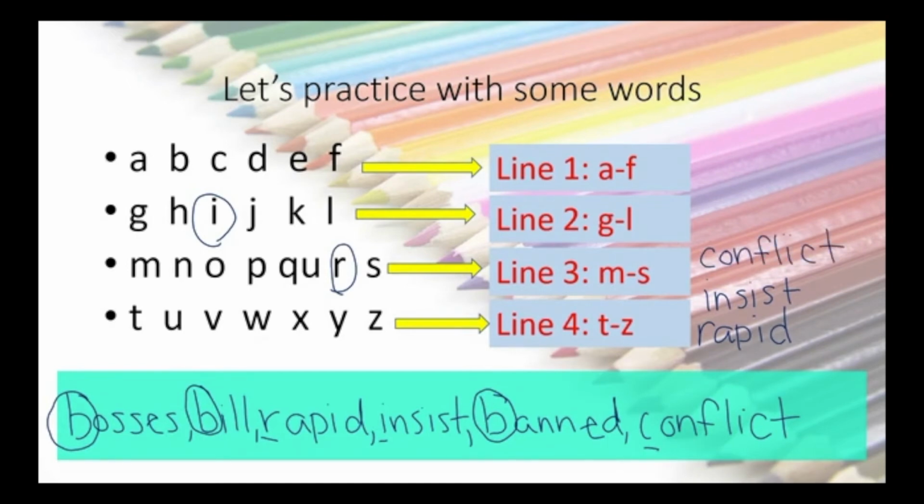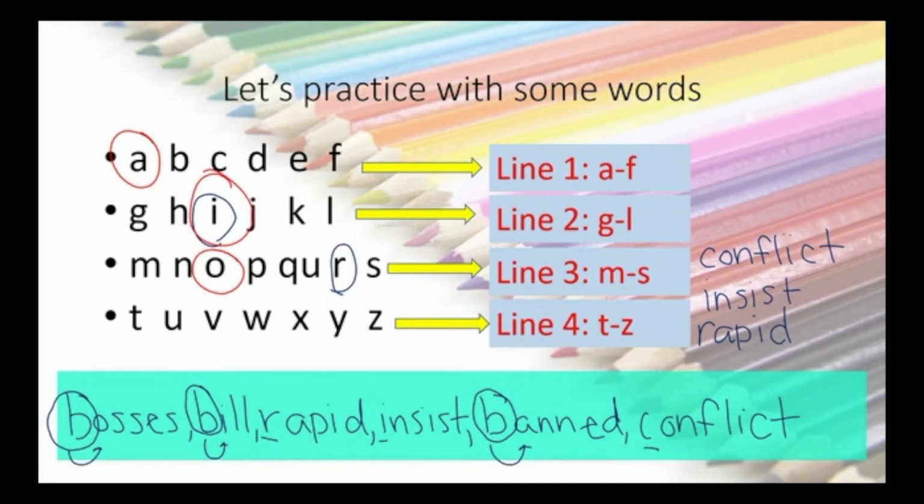So let's look at the words that start with B. We notice that we can now look to the second letter in each of these words to determine which one would come next. We see that one of them has an A, an I, and an O. We can notice that when we look at our chart with the lines, our words, we see that A falls in line 1, I falls in line 2, and O falls in line 3.